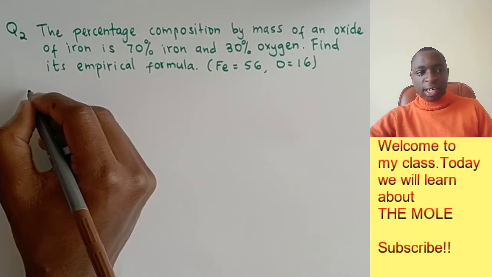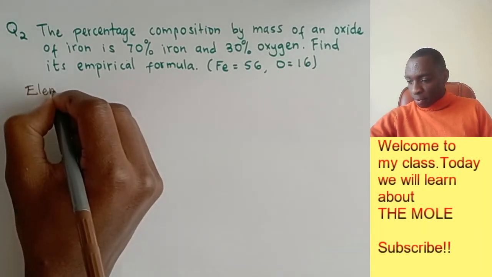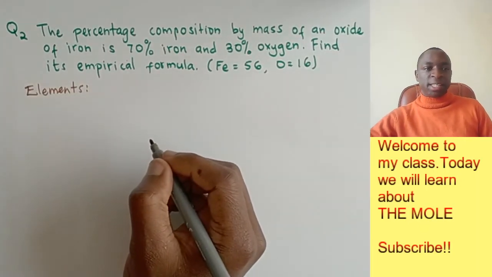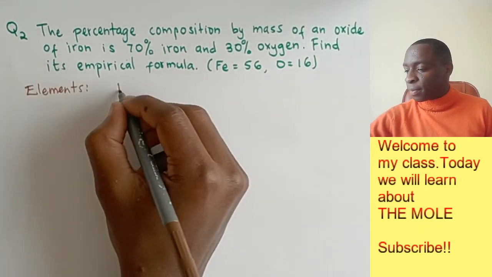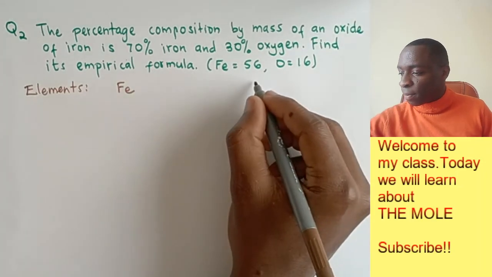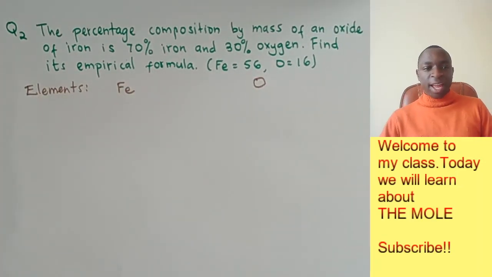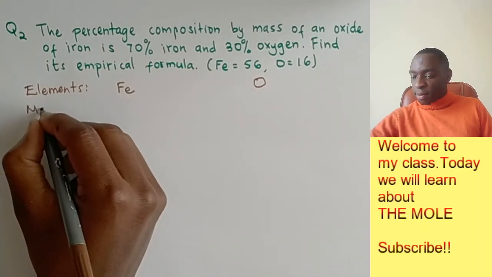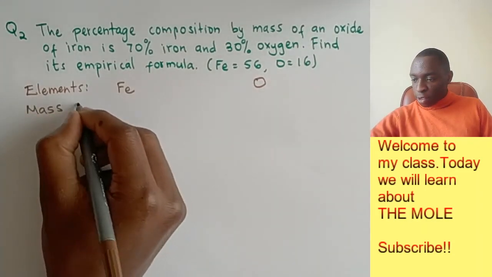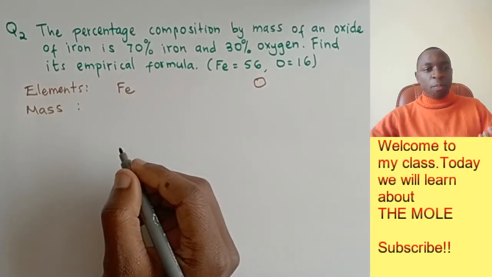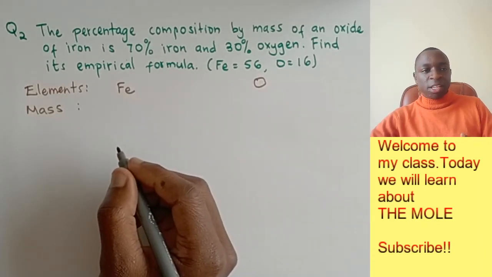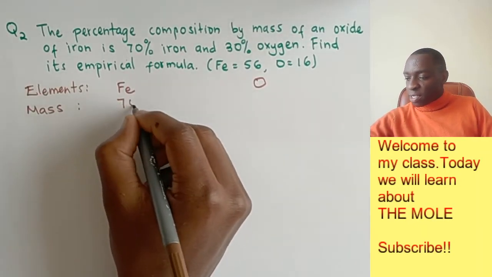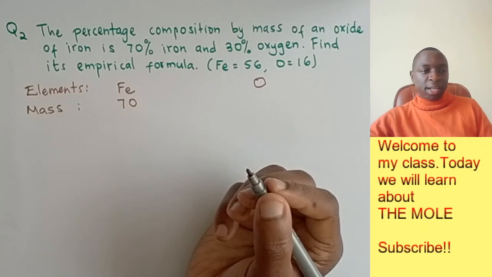The first thing is the elements. The elements present in this compound are iron and oxygen. Then the next thing again is to calculate the mass. So now here we'll assume that the compound is 100 grams. So 70% of 100 is going to be 70 grams, so the mass is 70.